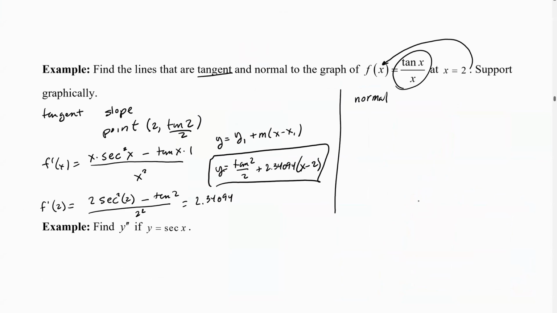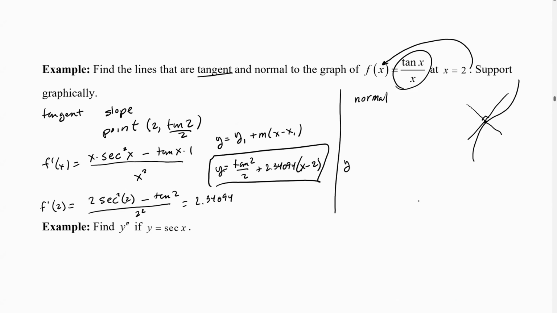Well, as we saw, we had this kind of curvy thing. Oh, I can't even draw it. Like that. And we have the tangent line, right? Well, a normal runs perpendicular to the tangent, so they form a right angle with the tangent line.